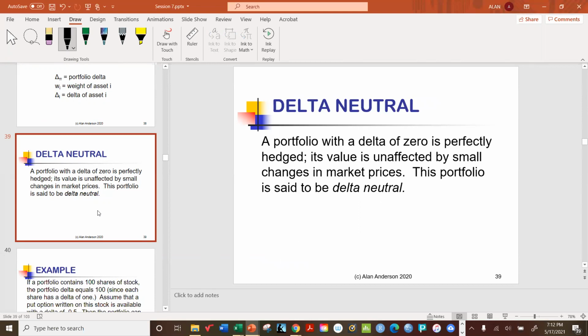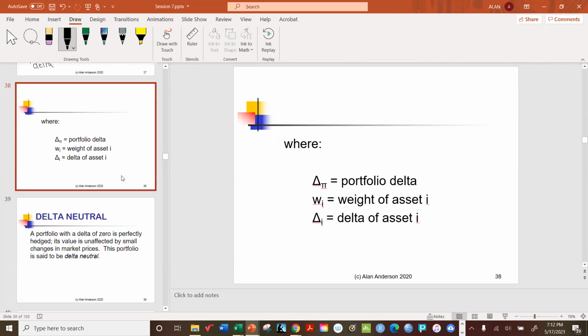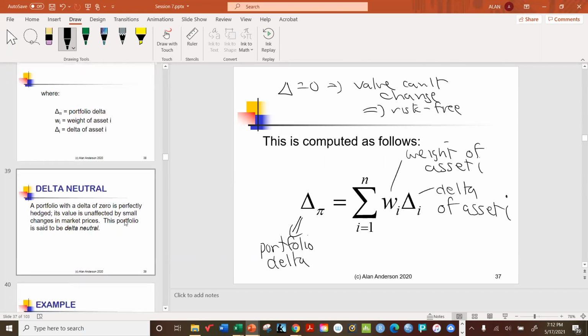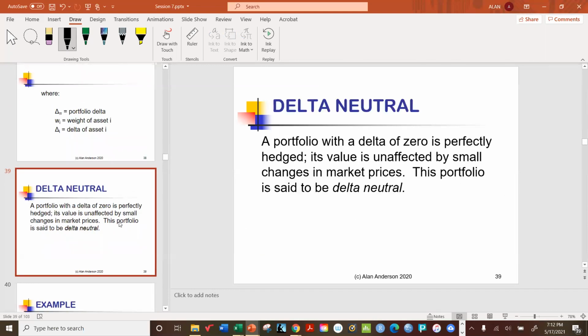No delta, that means no risk. So if I keep adding more assets to my portfolio in such a way that the total delta is zero, I've created a risk-free or perfectly hedged portfolio. And that might be exactly what I want if I expect the market to really get ridiculous.